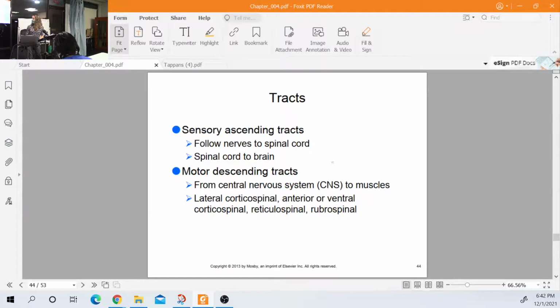Descending goes from the CNS towards the muscles with the message of what to do. So this has to do with moving our body, how we hold our posture, as well as writing on paper, those little fine motor skills, or building something with your little fingers. They come out through the lateral corticospinal tract and out to the skeletal muscles using the motor neurons.